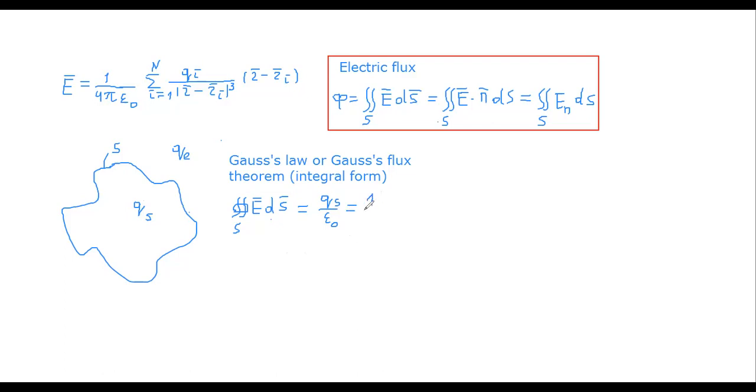And if there is some space distribution of charge, if we have charge density rho, we can write this Gauss law in the next way. 1 divided by epsilon 0 triple integral over V_S, where V_S is the volume inside this closed surface S. And here we have rho.